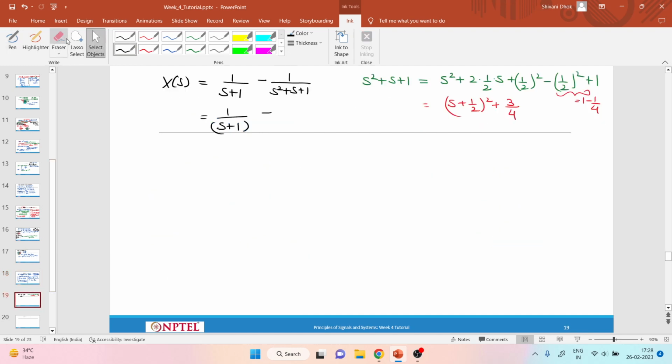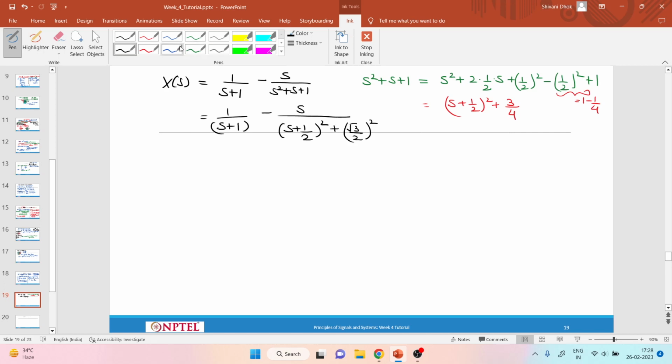Extremely sorry, this will have a factor of s here. So this comes out to be s/((s + 1/2)² + (√3/2)²).